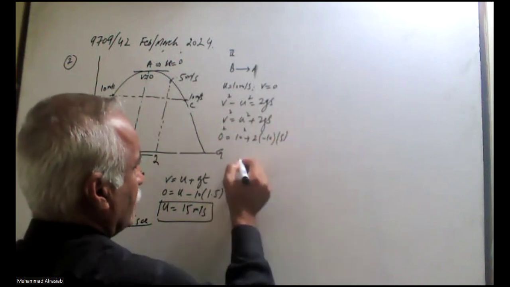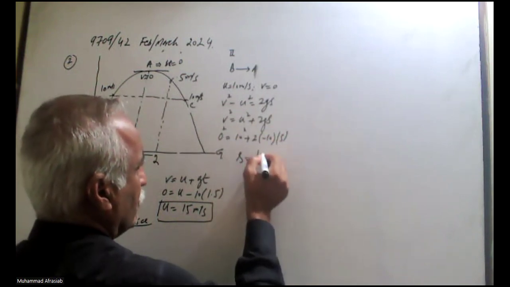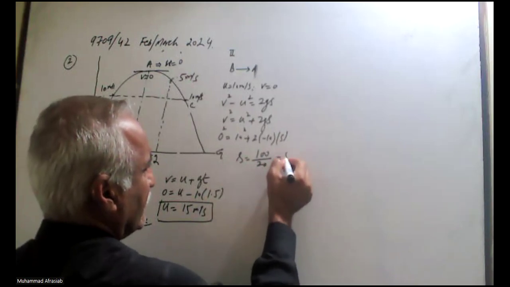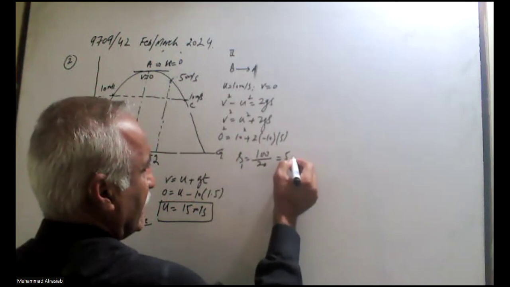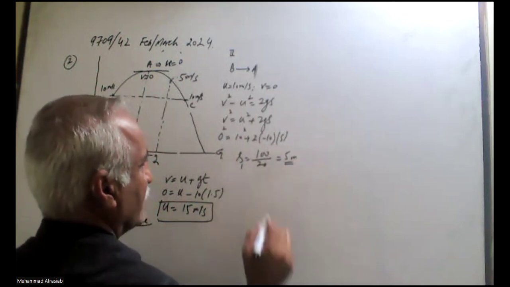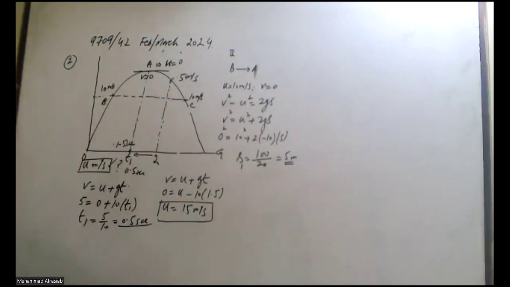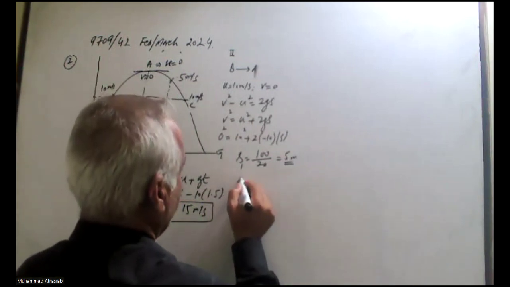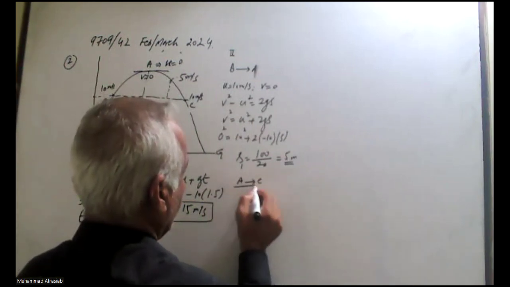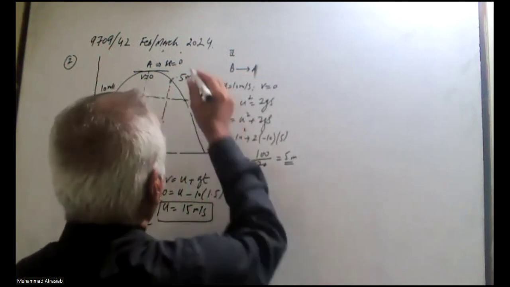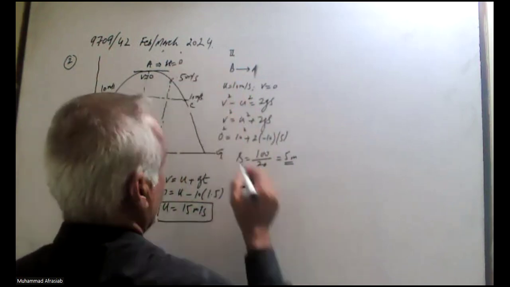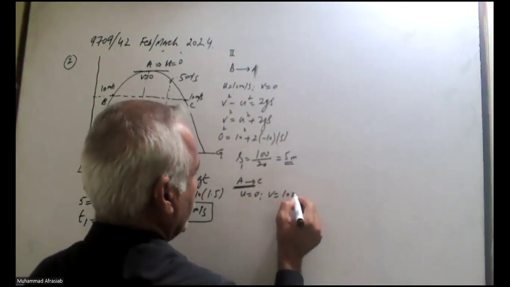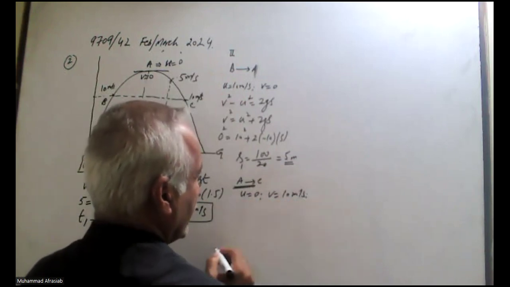So s is equal to 100 over 20, let's say s1, which is 5 meters from B to A. Then from A to C, u is 0 and v is 10 meters per second.